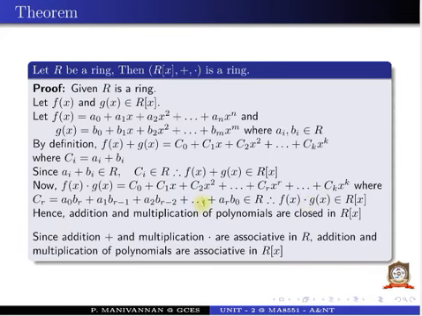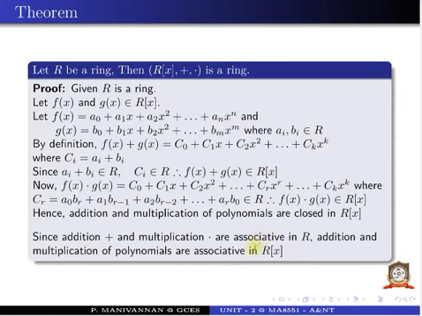Hence, addition and multiplication of polynomials are closed in R[x]. Since addition and multiplication are associative in R, addition and multiplication of polynomials are also associative. Here we use the closed property and the multiplication property.